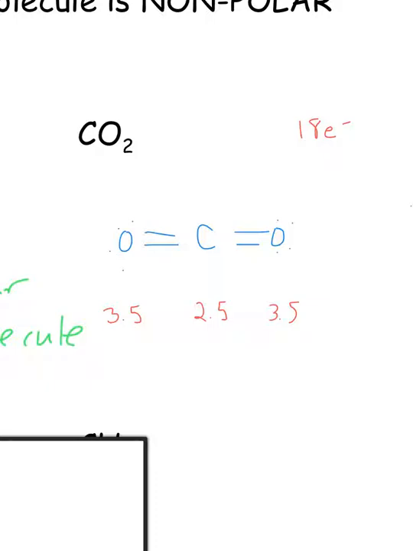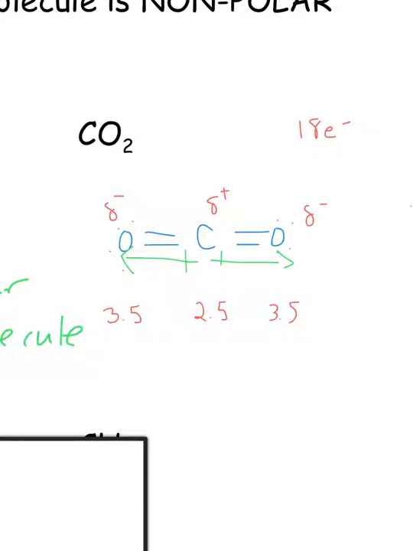So I'm going to assign the oxygens a slightly negative charge in each of these cases, and I'm going to assign the carbon the slightly positive. Now this is very similar to the example we just saw above. I'm going to create a dipole vector towards my oxygen and away from carbon, and one of equal magnitude but opposite direction.